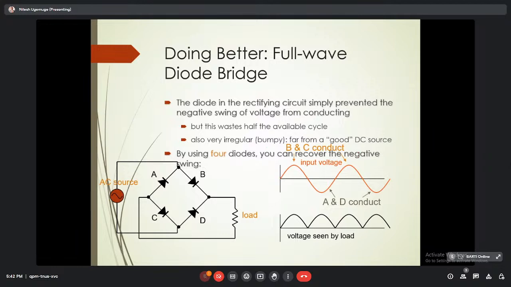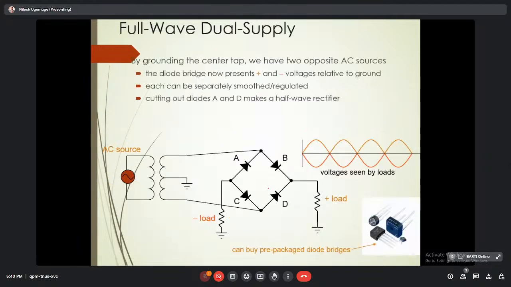But by using four diodes, you can recover the negative swing. It means if we use four diodes, then we can rectify the positive as well as the negative. That is why the output of the DC is always a straight line, and that is what is expected for many devices. Here you can see a full wave dual supply, from which we can get two outputs. And here the voltage is seen by the loads.